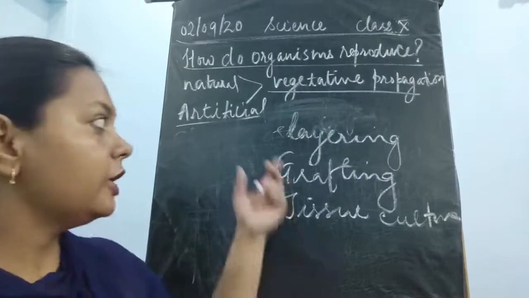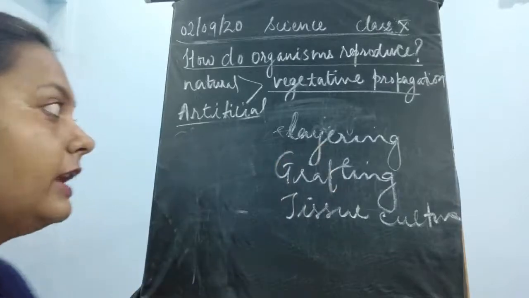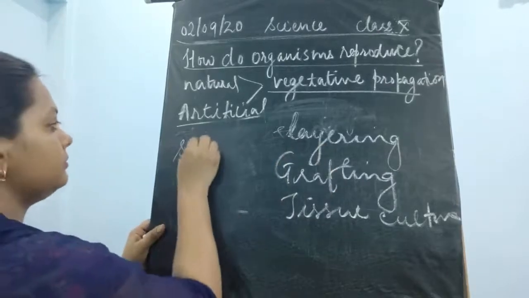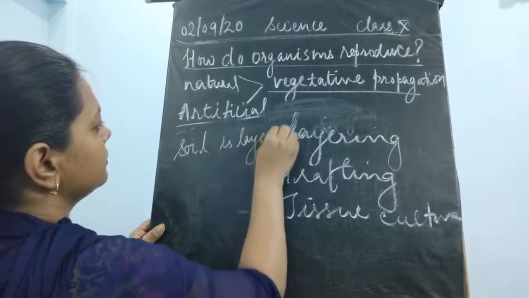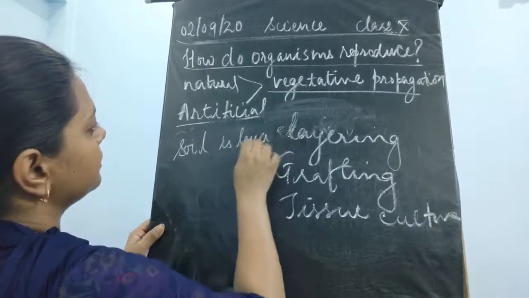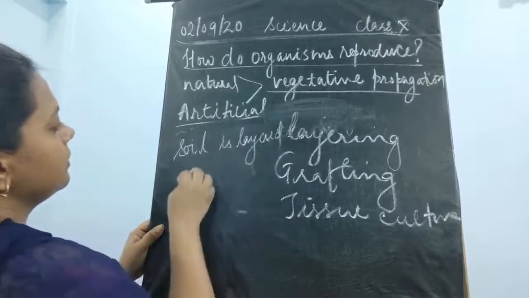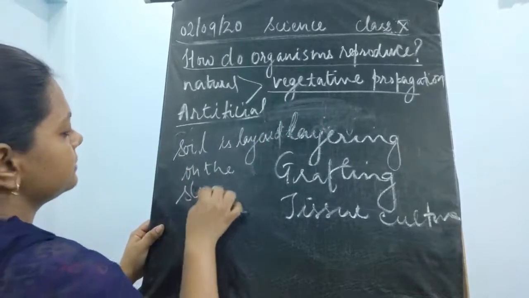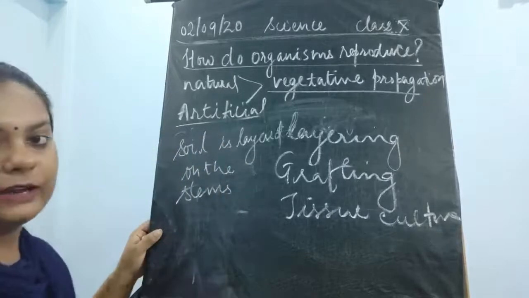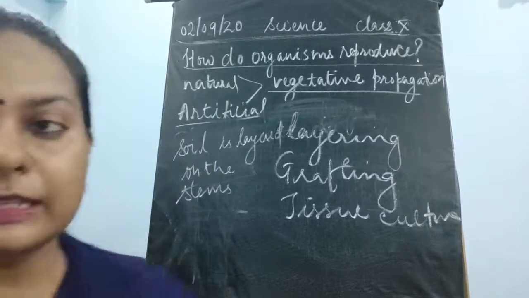Here layering means we are putting a layer of soil on the stems of tender plants.